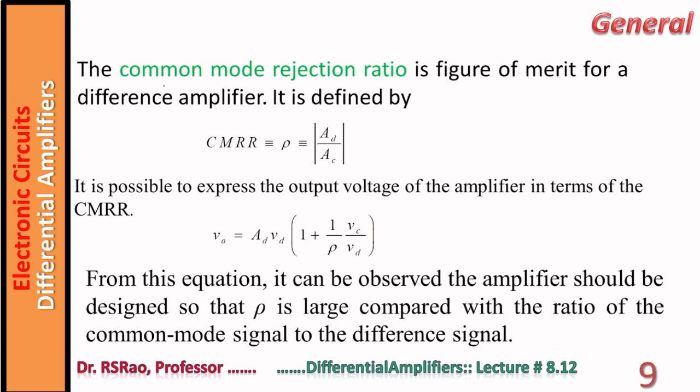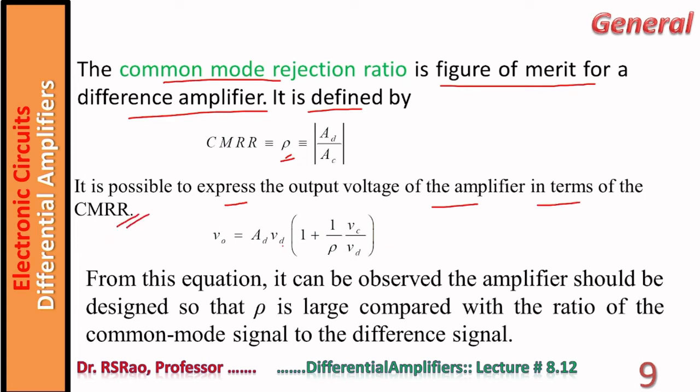Here is given a definition for the common mode rejection ratio, CMRR. It is a figure of merit for a difference amplifier. It is defined as Ad by Ac, differential gain by common mode gain. The symbol is rho. It is possible to express the output voltage of the amplifier in terms of CMRR.